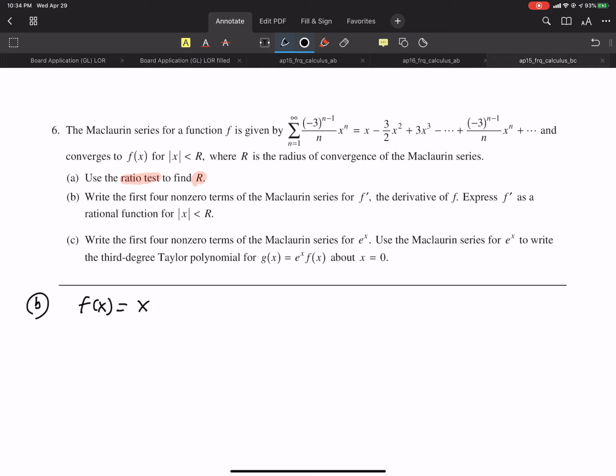That is x minus 3/2 x squared plus 3x cubed minus ... plus negative 3 to the n minus 1 over n, x to the n plus ... So, they want the first 4 terms. And first 4 terms. No, first 3. 4. I can't read. 4.